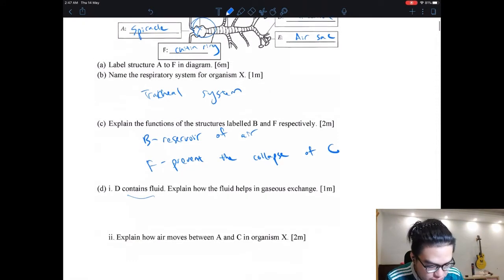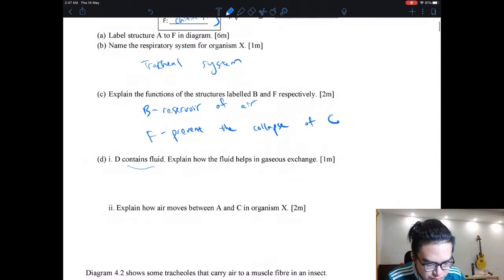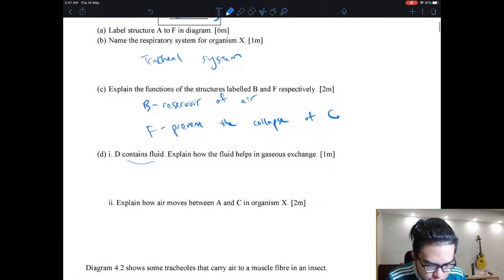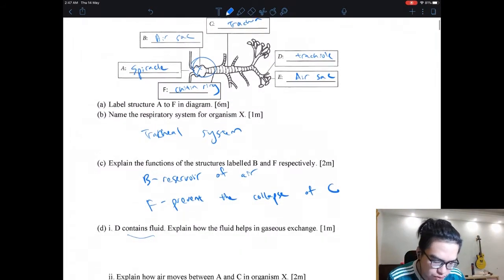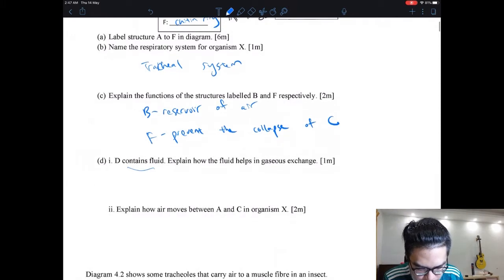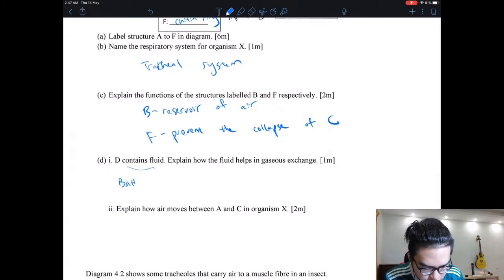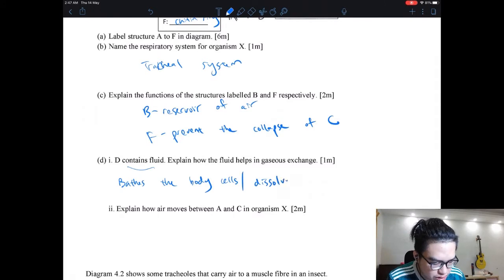Explain how the fluid helps in gaseous exchange. D contains fluid, so you can say it bathes the body cells, or you can say it dissolves gases.